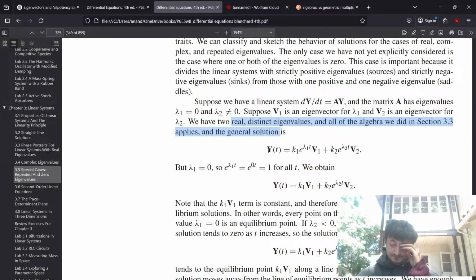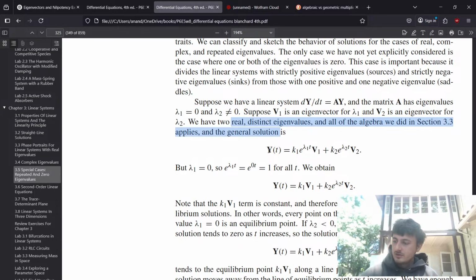All right, so for a system with lambda 1 equals 0 with v1, and lambda 2 not equal to 0 for v2, we have two real distinct eigenvalues.